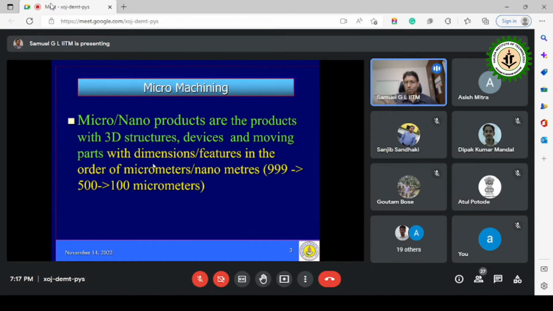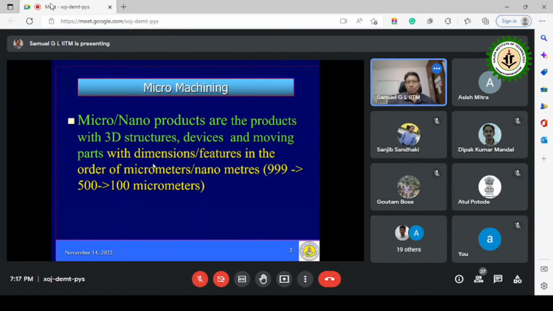Or if you make a micro channel, that is a feature. So we can make a 3D structure, a device, a moving part, or a feature which is in the order of micrometers. Initially, when they defined micro machining, they said anything below 1 millimeter is micro.